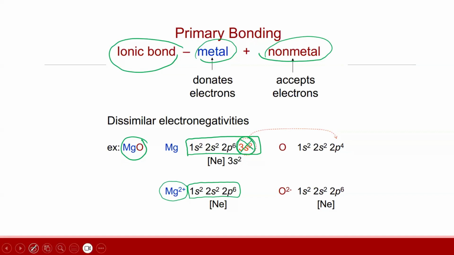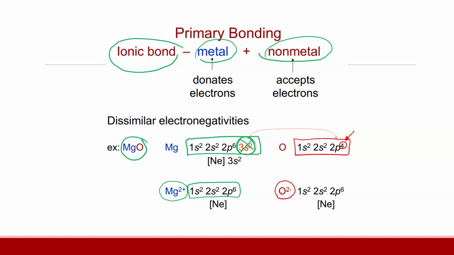And what is happening with the oxygen? If you write the electron configuration of oxygen, it is 1s2, 2s2, and 2p4. So when this p is not fully filled, the 2 electrons released by the magnesium will be taken by the oxygen, and it becomes oxygen 2 negative.